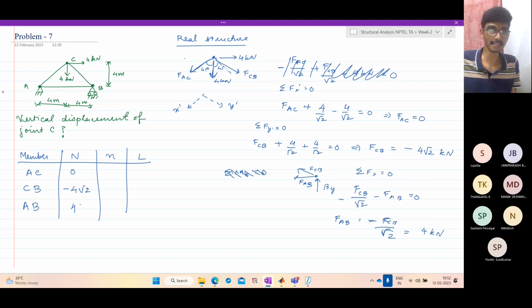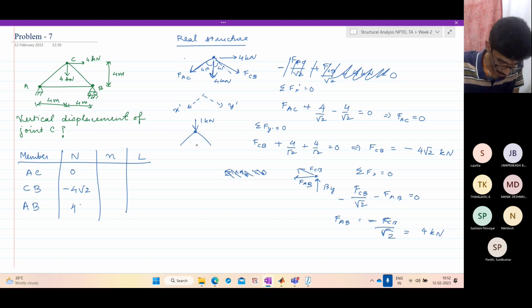Now, what are they asking? Vertical displacement of joint C. So it is very, very simple. You take joint C, apply a vertical force of 1 kilonewton. Again, shortcut. It is symmetric, no vertical forces, so reactions are equal.